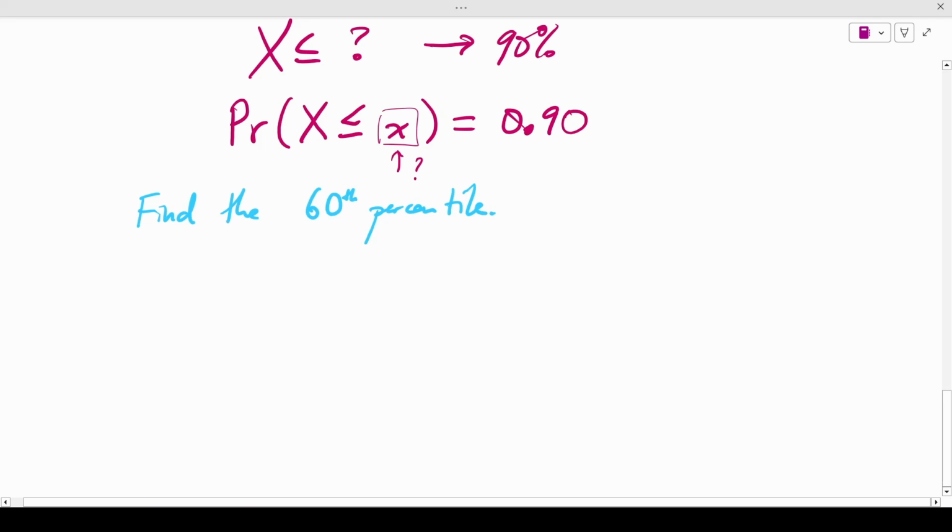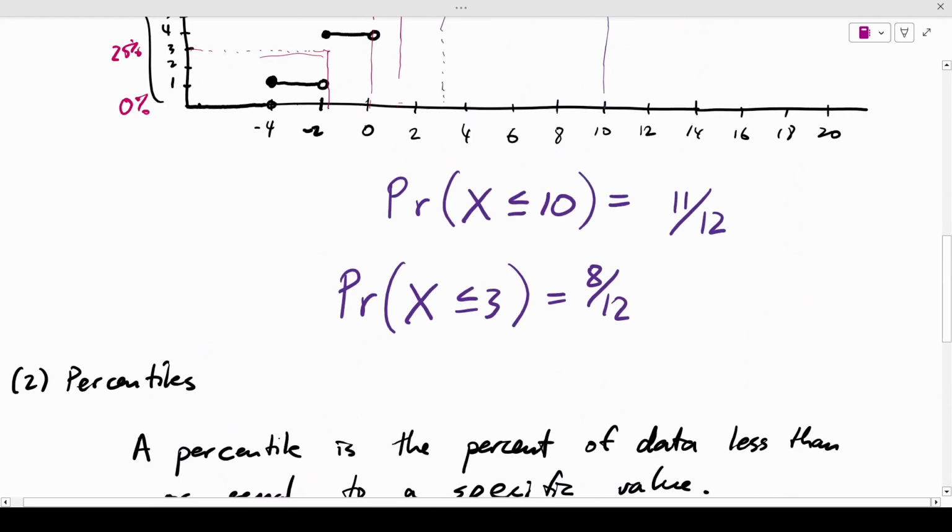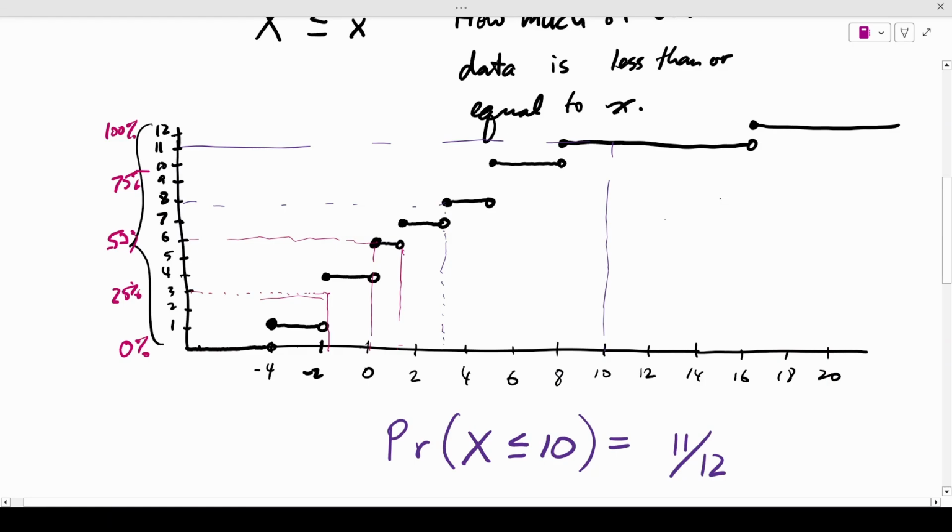So that means that we want to find this value here so that we get 60% of our data below or equal to it. In other words, if we were to randomly select one piece of data, we want the probability that that data point is less than or equal to this number that we're going to find to be 60%.